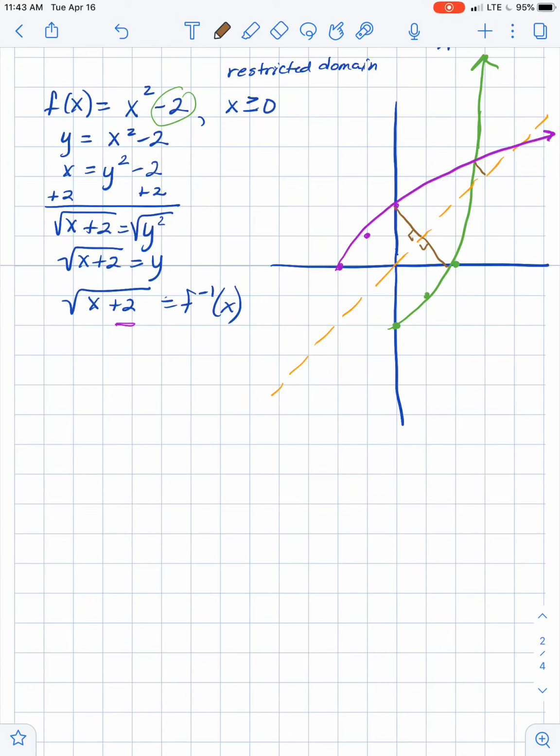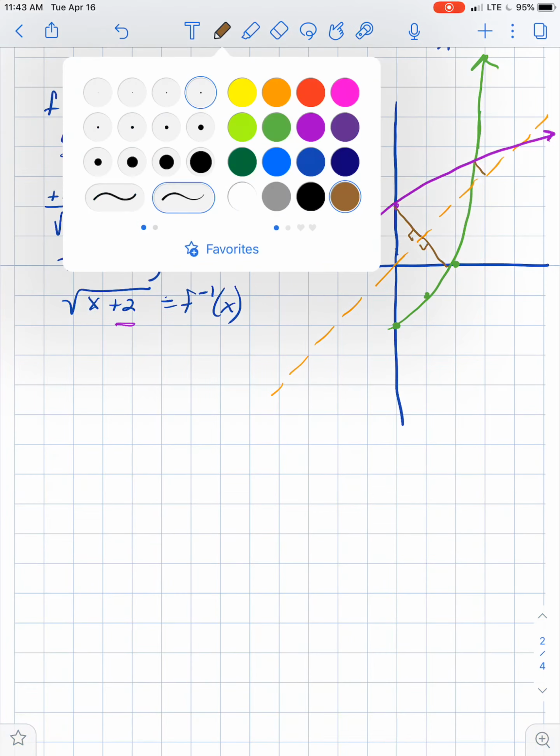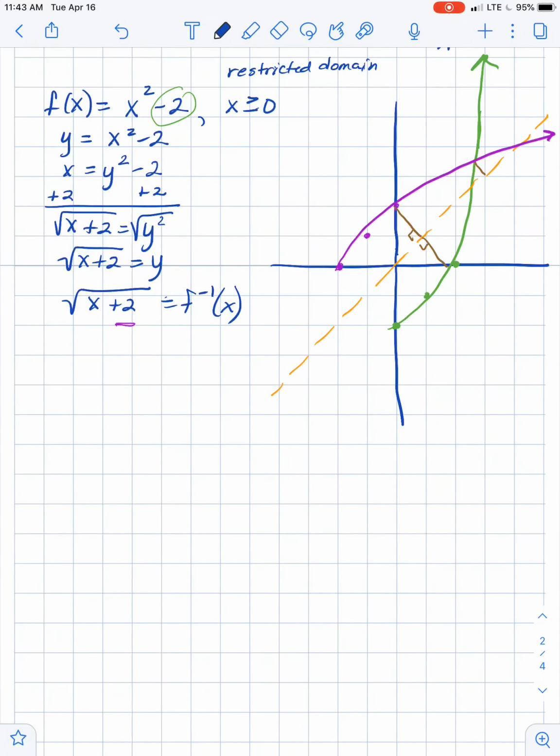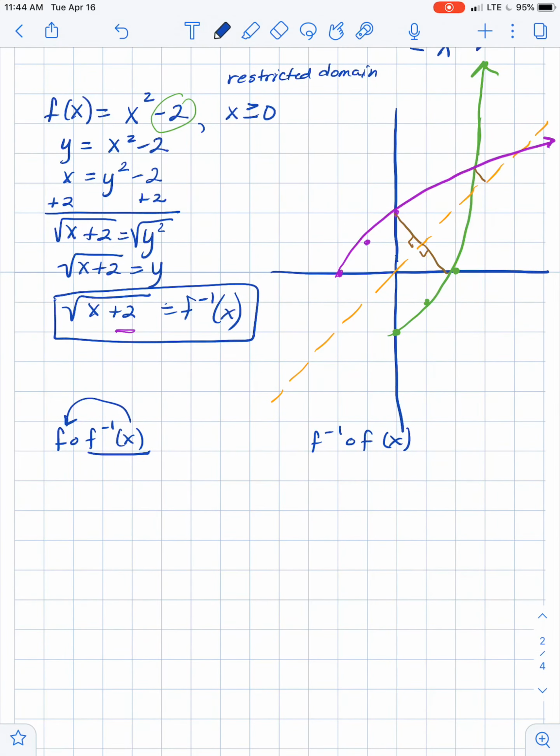Okay. We're going to check it with our f inverse. Okay? So again, now we just need to do f inverse into f, and f into f inverse. So we're going to go this one into this one up here. Again, if you need to highlight it, I like doing that.